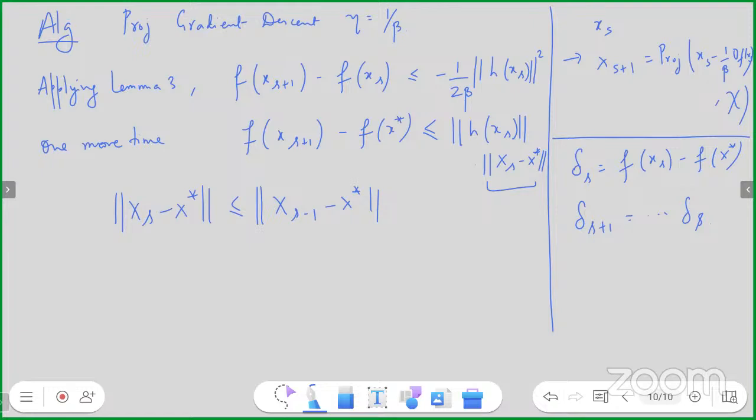So what is xs in terms of x of s minus 1? Projection of x of s minus 1 minus 1 by beta del f of x of s minus 1. Okay. Will that help me somehow?